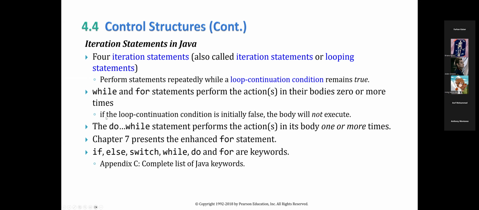If the loop continuation condition is initially false, the body will not execute. The third one is the do-while statement. It performs the actions in its body 1 or more times. Chapter 7 presents the enhanced for statement. Currently, we only touch on it.